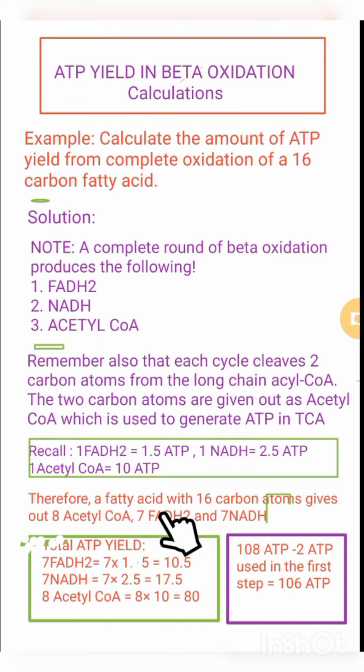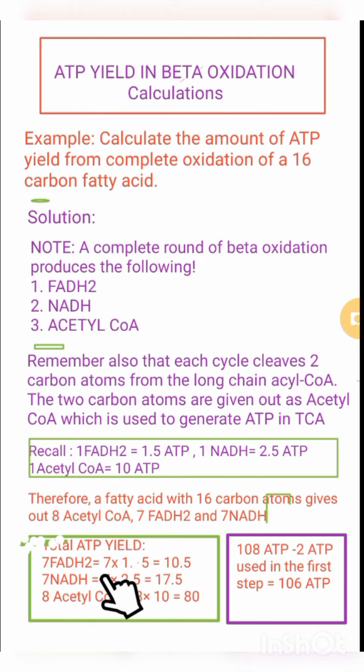So for a 16 carbon molecule, you have 7 rounds, meaning you are producing 7 FADH2. 7 multiplied by 1.5 gives you 10.5. You have 7 rounds producing 7 NADH. 7 times 2.5 gives you 17.5.